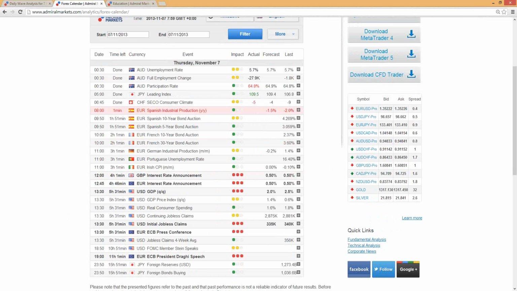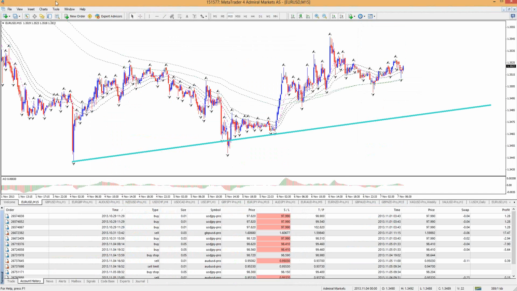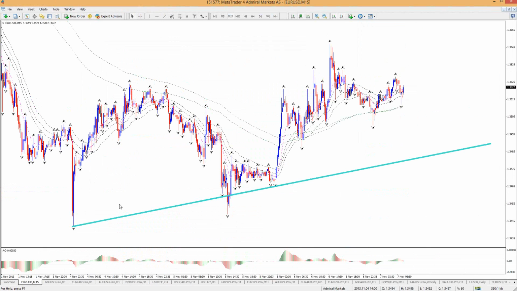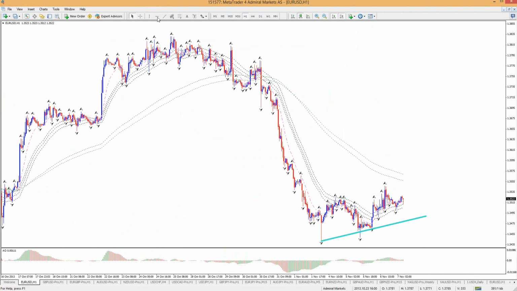Let's take a look at what the charts are telling us from a technical perspective, though. Let's see, Euro dollar 15-minute. Let's zoom out a bit to the 1-hour chart. Alrighty.